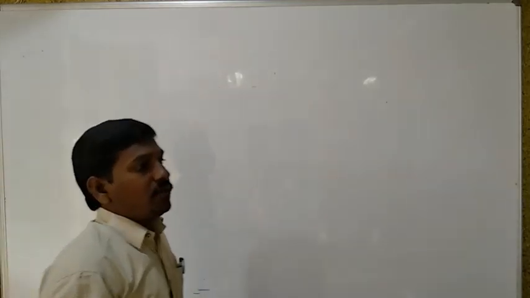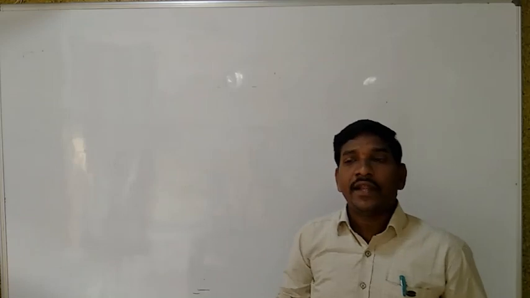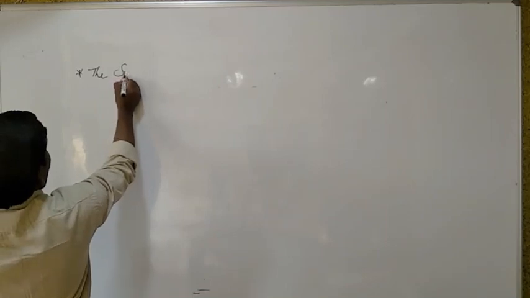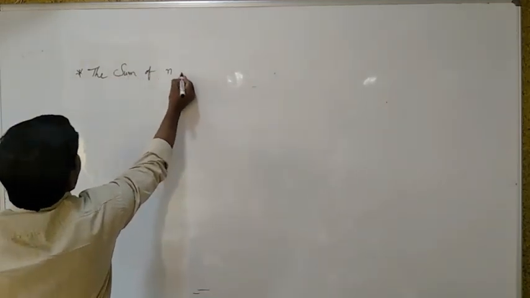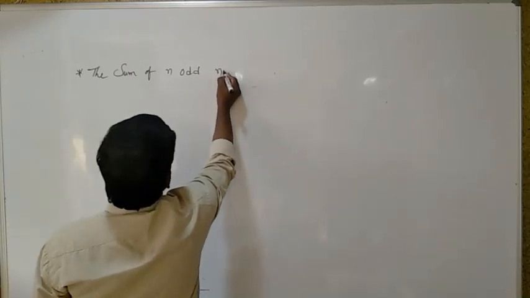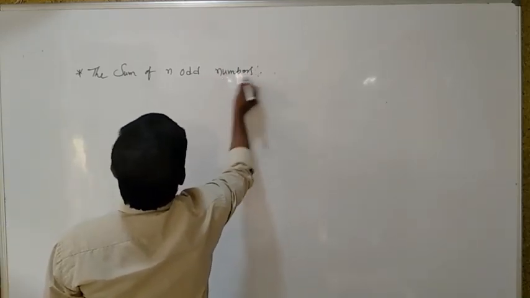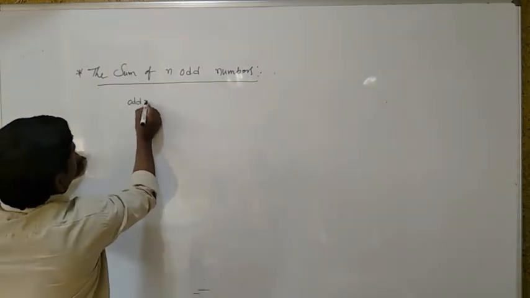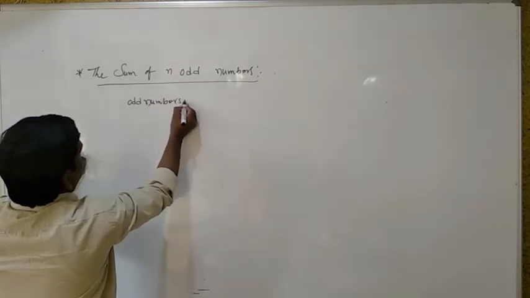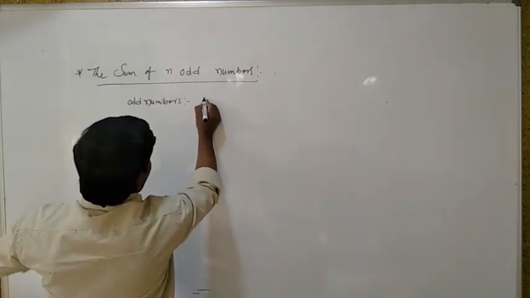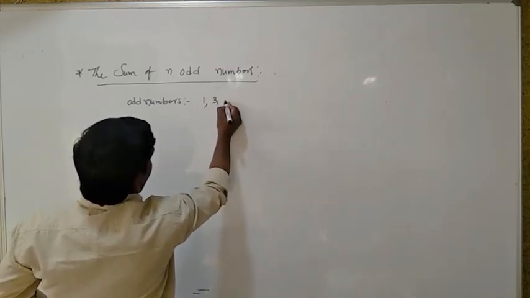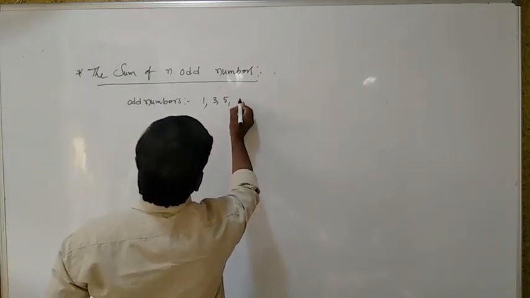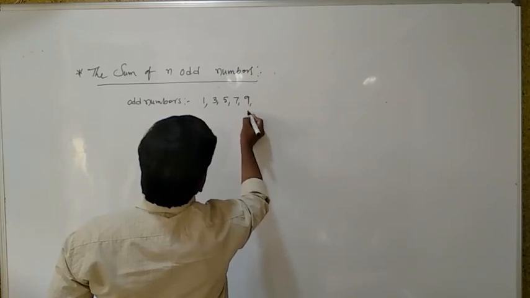Next one, the sum of n odd numbers. Take the odd numbers, odd numbers starting from 1, 3, 5, 7, 9, and so on.